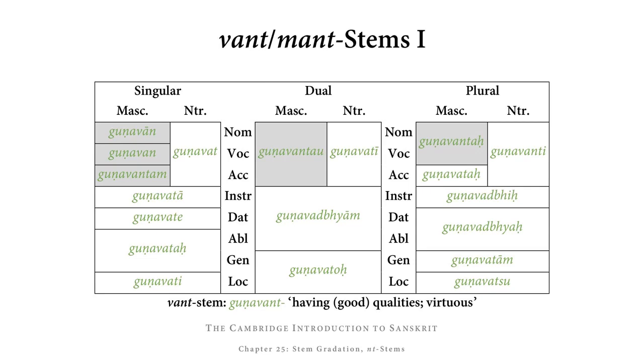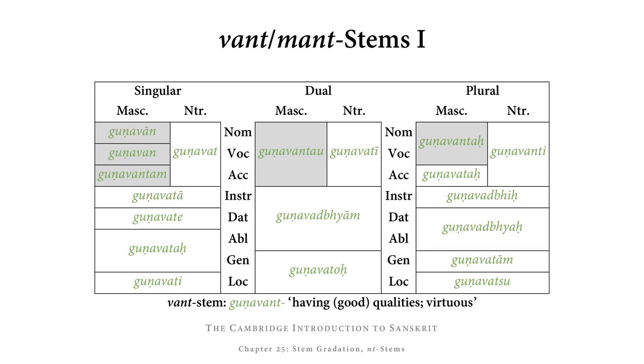So in front of the a, the t remains just as it is, gunavantam. Then the rest of the singular is all weak, so we have the stem gunavat, and to that we then have our endings a, e, as, i added. So we have gunavata, gunavate, gunavatas, gunavatas, gunavati.